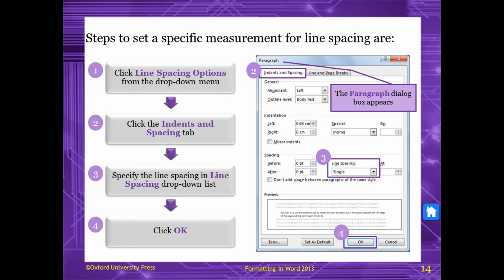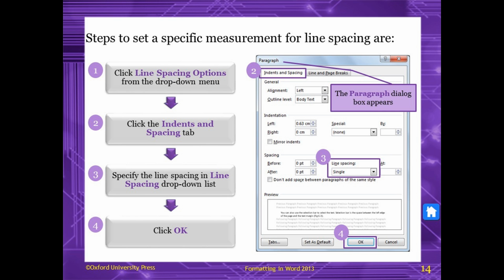How to use the Paragraph dialog box? You have to follow the same procedure as for line spacing. Click on the Home tab. In the Paragraph group of the Home tab, click on the Line Spacing button. When you click on the Line Spacing button, the Line Spacing Options will appear at the bottom of the drop-down menu.